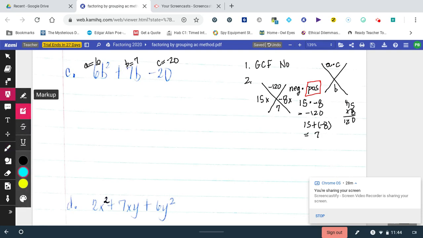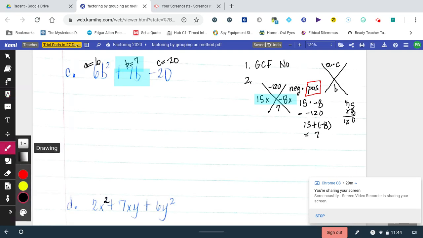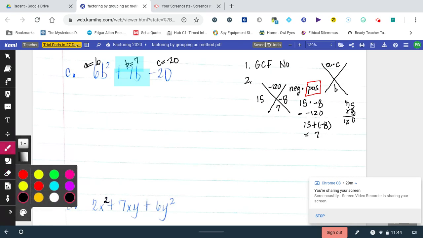All right, so I'm going to use these terms to rewrite this term. Okay, I'm going to fix one thing. Anybody see what it is? Instead of having an x, what do I have? Well, I have a b. So let me erase this. I don't want to put 15x, I want to put 15b, and negative 8b. So you want to make sure you're using the same variables, okay?